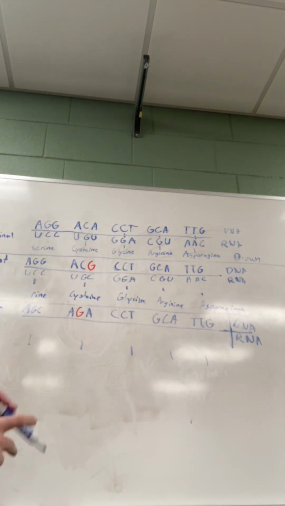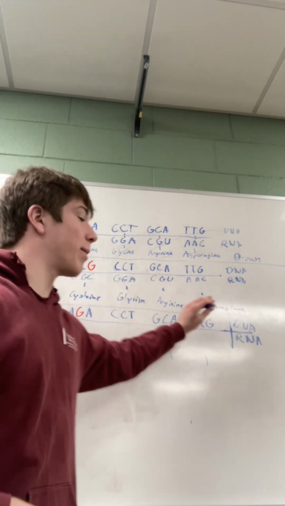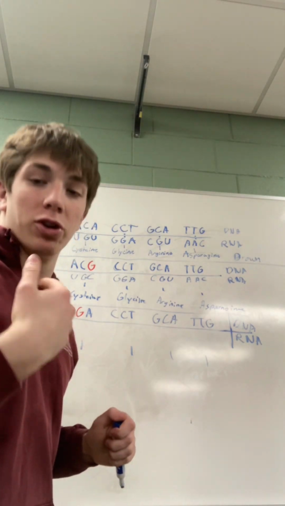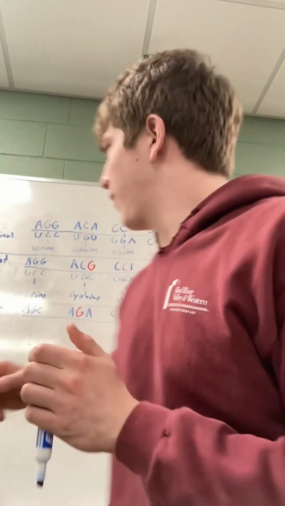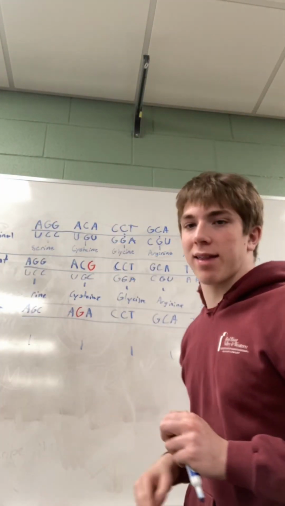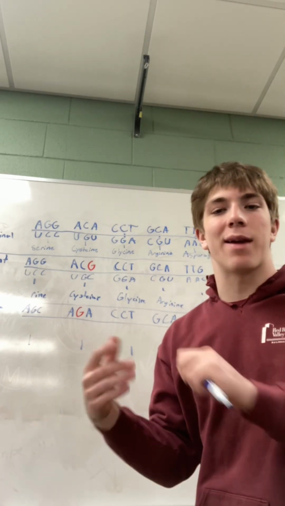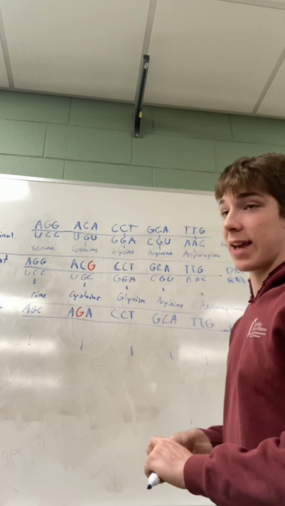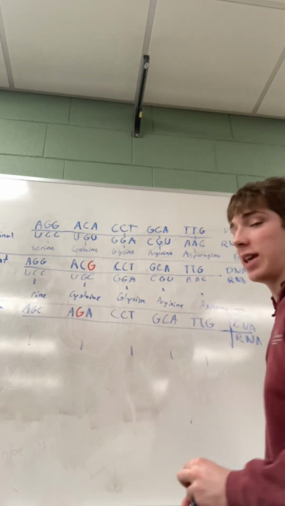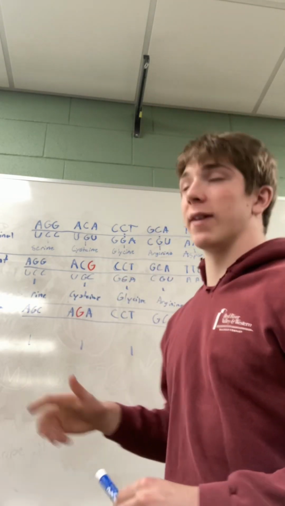So now we see the exact same chain of amino acids linked together, which will produce the exact same phenotype. Even though it's not the exact same DNA line, it's not the exact same mRNA line, it is the exact same amino acid sequence, which will result in the exact same phenotype. So that's called a silent change.